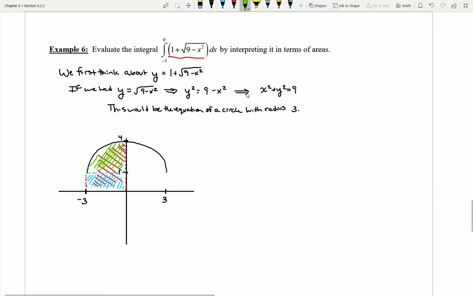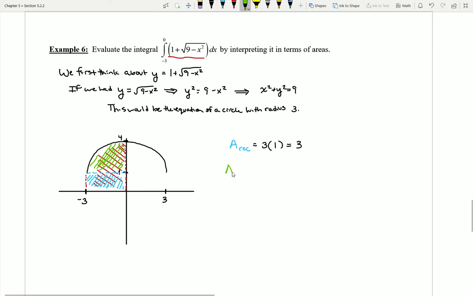So let's actually try this. I'm going to start with the easiest of these two areas, which would be the area for my rectangle. I can find that by just doing the length times the height. The length here seems to be just 3 units long, and the height appears to be 1. So the total area for this is just 3.